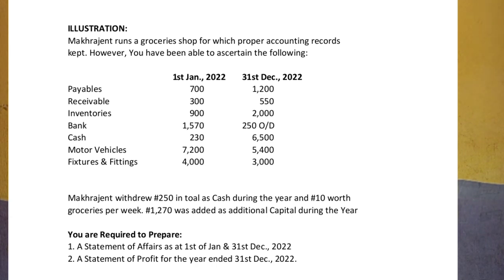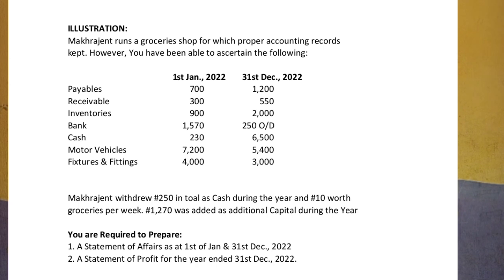Mokoje runs a grocery shop for which proper accounting records are not kept. However, you have been able to ascertain the following, for 1st January 2022 and 31st December 2022.